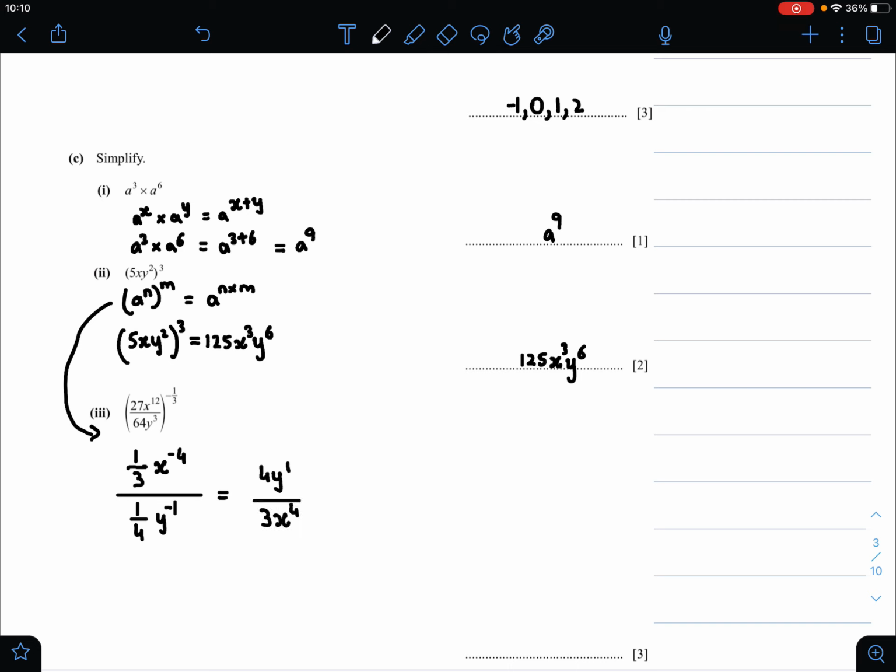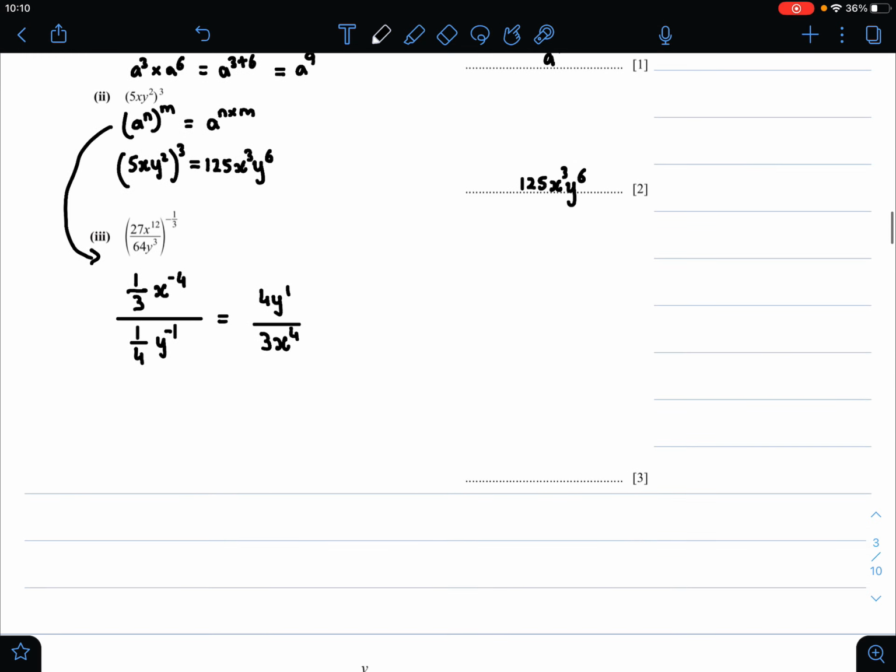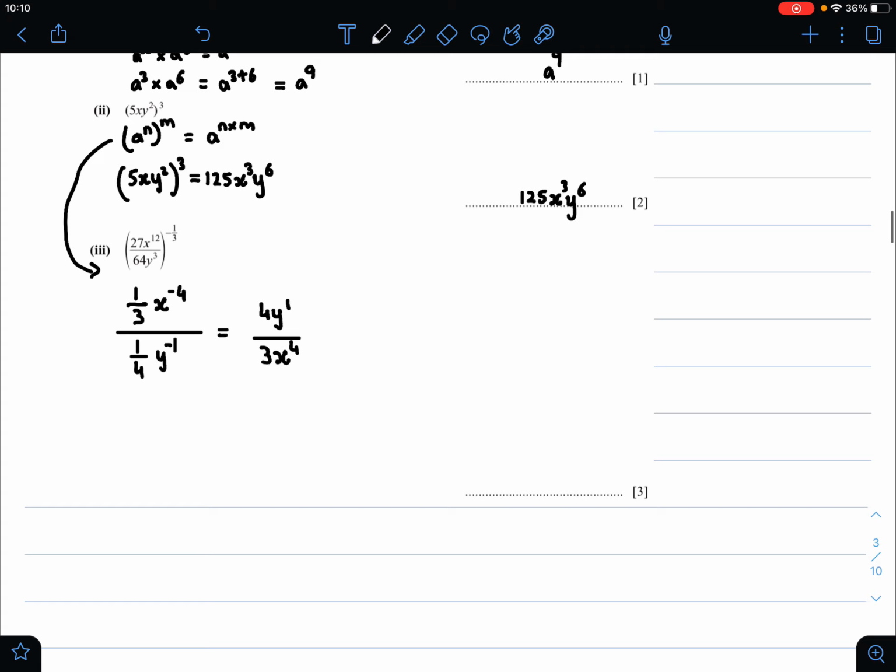Now the fractions also go away because you're bringing the entire number into the denominator, and therefore the fraction will get cancelled out. Because the entire thing gets reciprocated, our final answer is 4y, the whole thing, divided by 3x raised to 4.